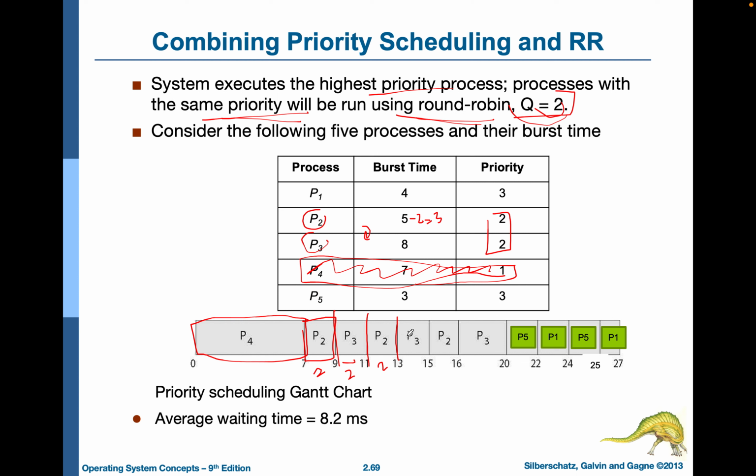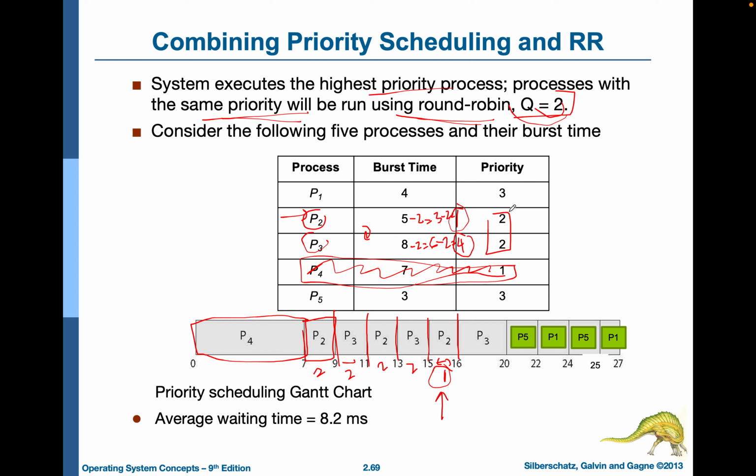And continue back with P3, another 2. Minus 2, you're going to have 6. Minus 2, you're going to have 1 left here. After another 2, you continue with P2, but here it is 1 only because now only 1 is left for the burst time of P2. That's why here is 1. So you need to calculate it carefully. For P3, we have another 4 left.